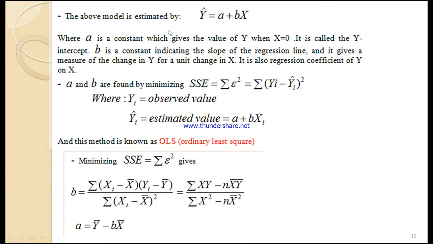When we want to estimate the above model, we can estimate it by this equation: y hat is equal to a plus b times x, where a is a constant which gives the value of y when x is 0, that is the y-intercept, and b is a constant which indicates the slope of the regression line, and it gives the measure of the change in y for a 1 unit change in x.